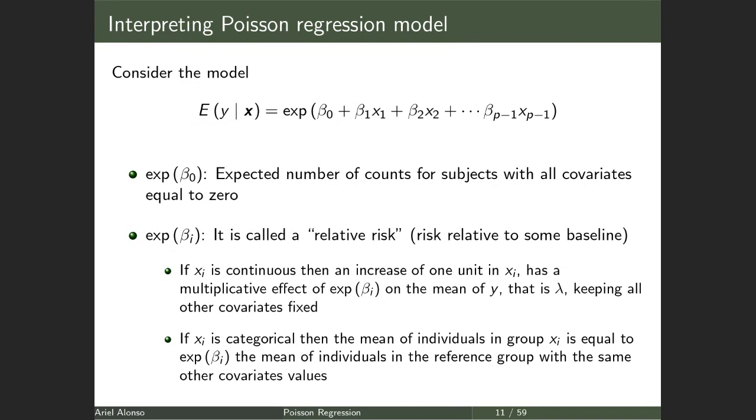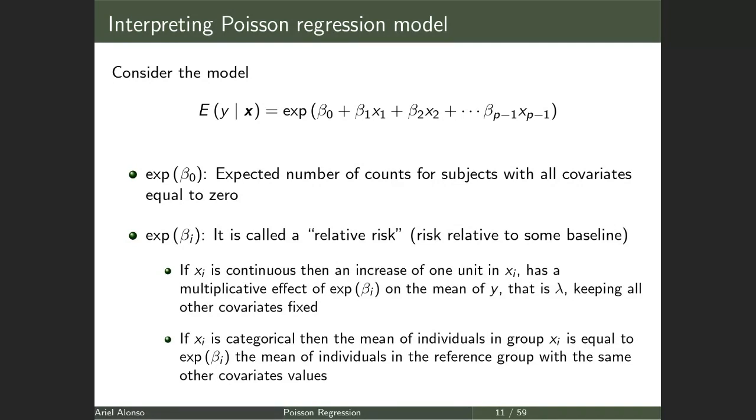Please keep in mind, like with all other models, that it may not make a lot of sense to consider all covariates equal to 0. So the intercept needs to be interpreted with care, unless you center the covariates. If you center the covariates, then it will be the average count for a subject which has all covariates equal to the mean. In that case, the interpretation will be easier.